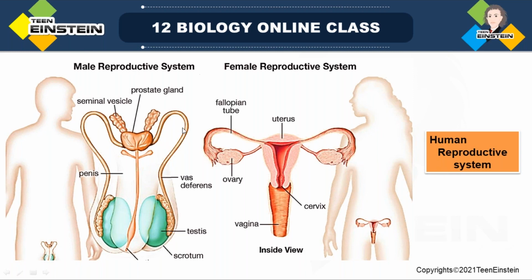See here, you can see the male reproductive system, right? The male reproductive system consists of a pair of testes. Then here you can see down the testes and accessory ducts, then external genitalia, accessory glands.